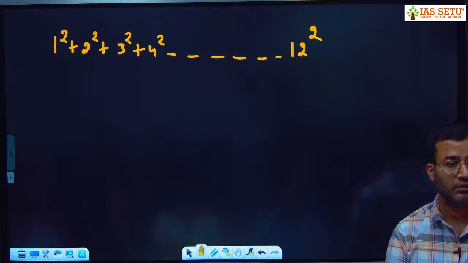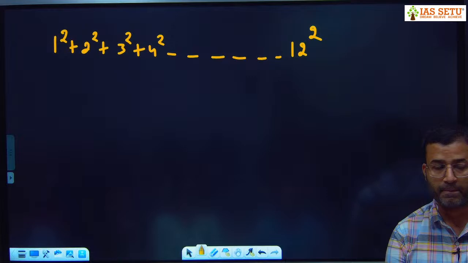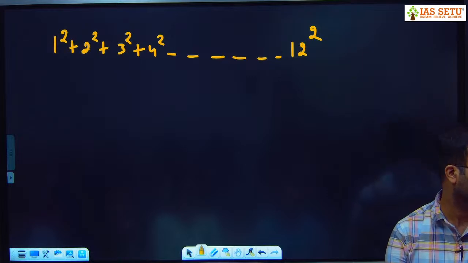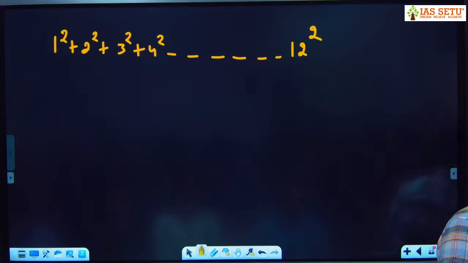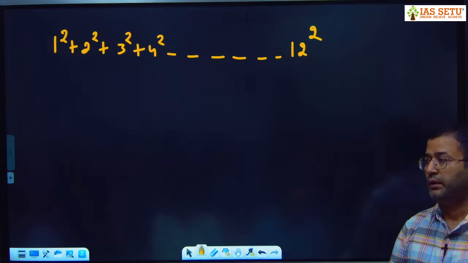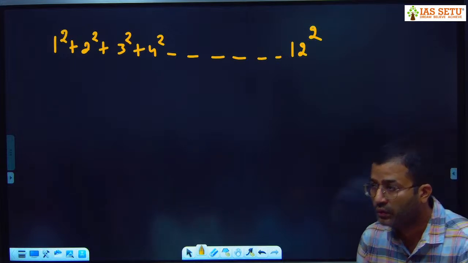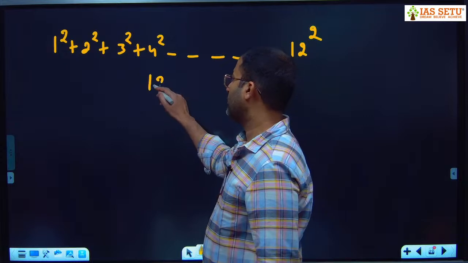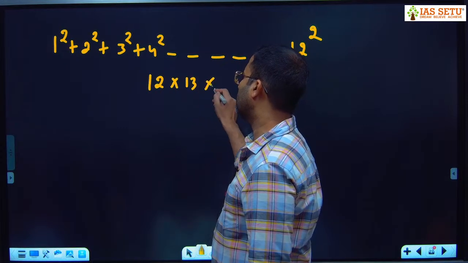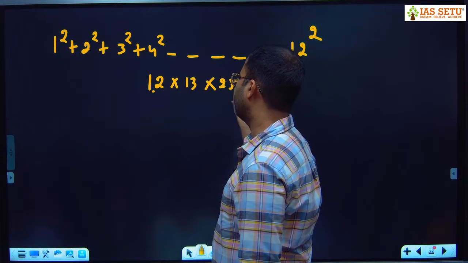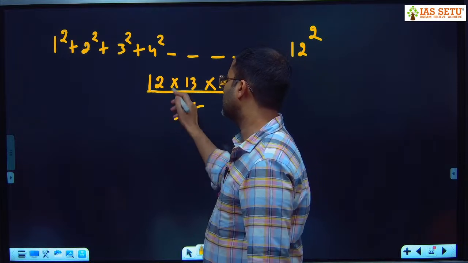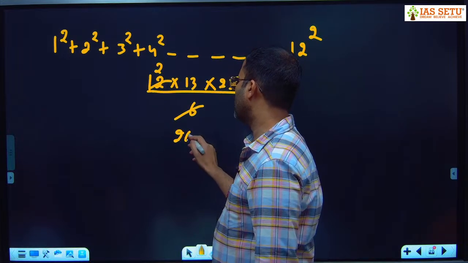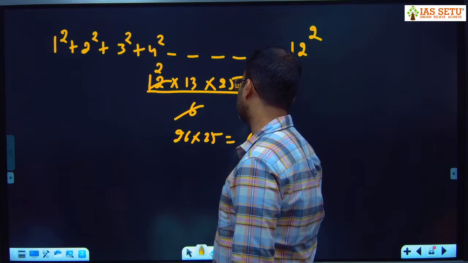So here this is 12 into 13 into 25 divided by 6, it is 2, so it is 26 into 25, which is 650.